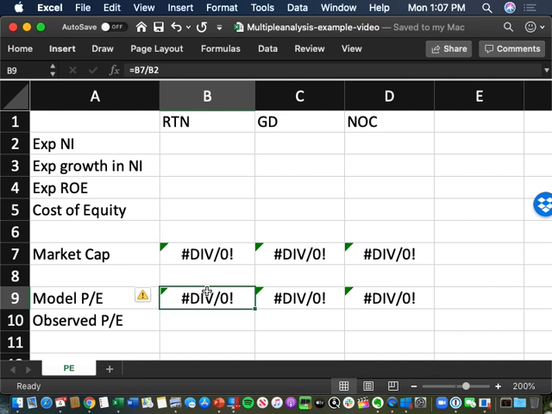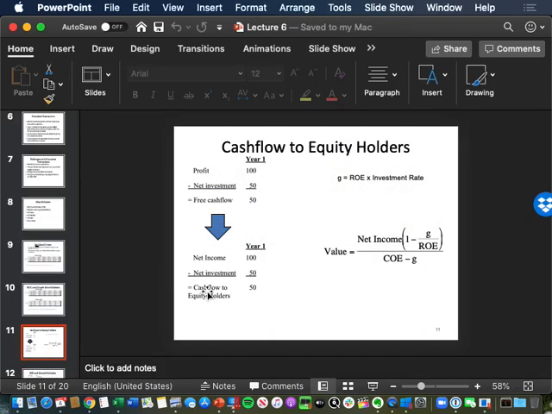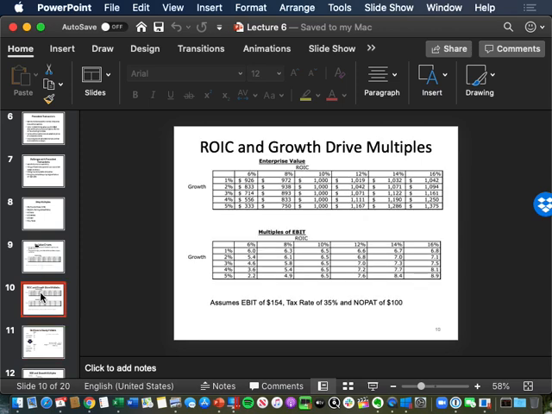Let's work backwards. See, the art of what I'm teaching you in this class, which is a little bit more advanced than what most people do, is that I could teach you, here's the equation, solve for the multiple, done. But what I'm trying to get you to do, just as you do an as-is valuation of the company, is to be able to see a multiple and figure out the range of growth spreads that explain that multiple.